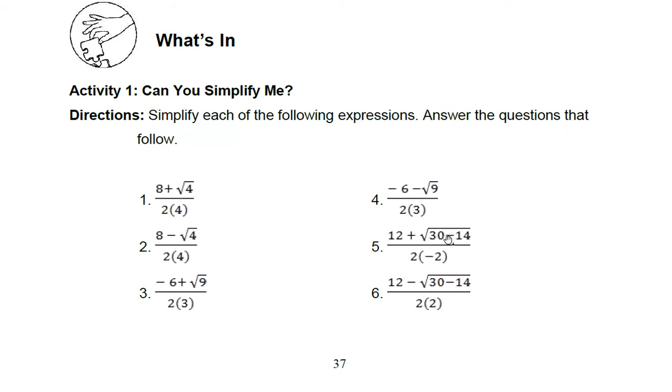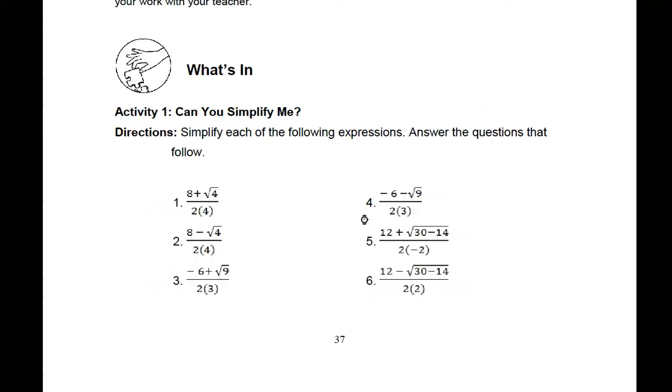Simplify first the radical. So 30 minus 14, that is 16. The square root of 16, you get the square root of 16, and then you multiply 2 times negative 2. So you can do that.